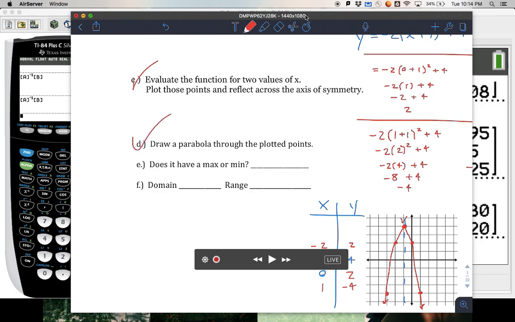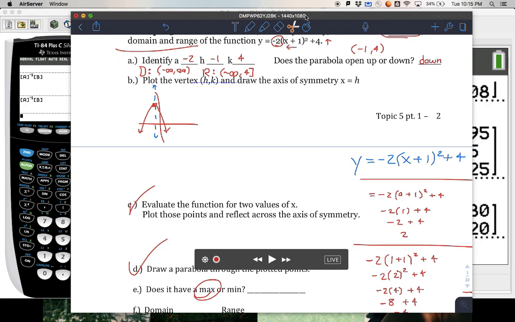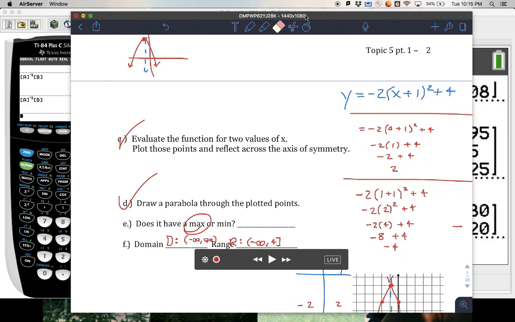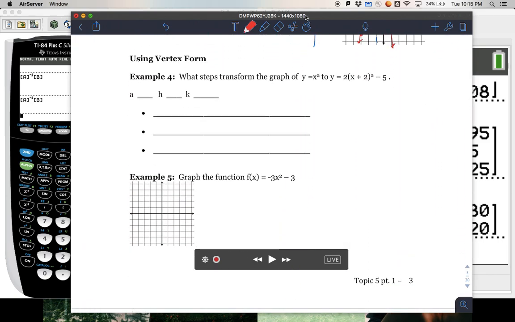Does it have a max or a min? It has a maximum, so it goes up to that highest point, and then domain and range, I guess you can copy that back down if you would like. Let's see if I can fit it in here. There you go. All right, so that's that there.